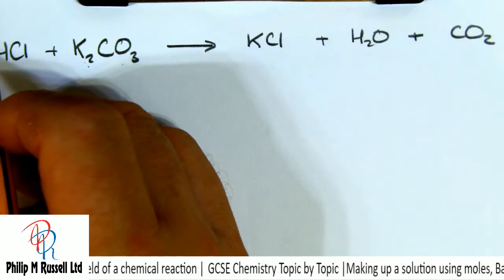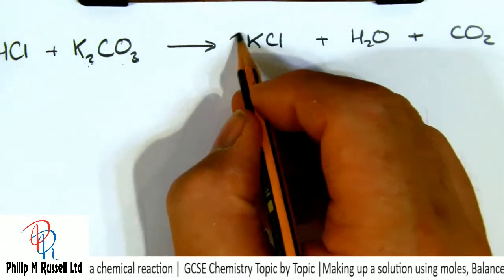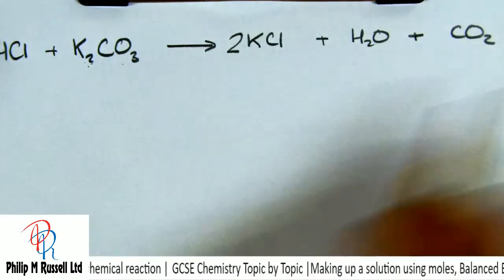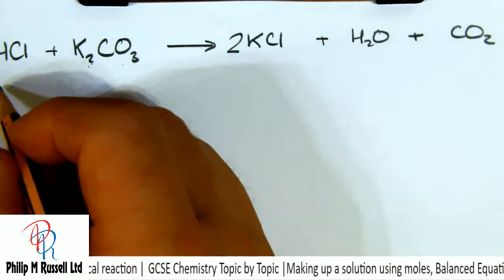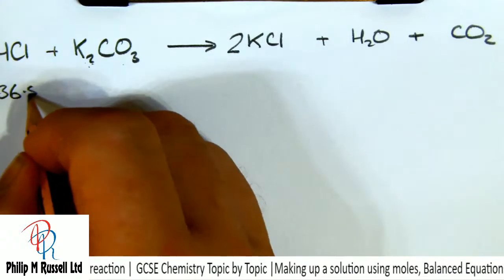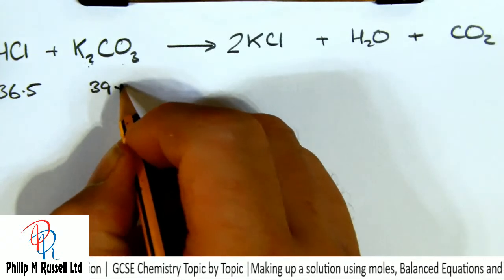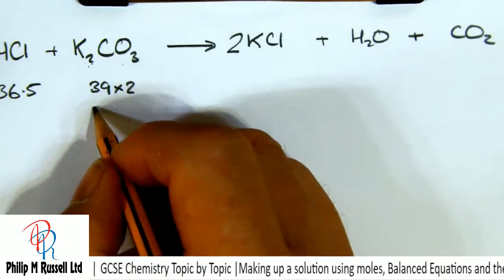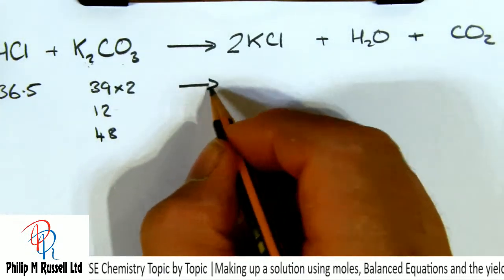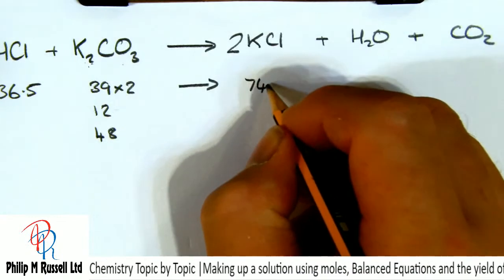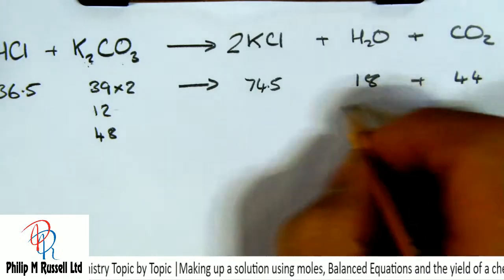Now we can balance this quite easily, because we've got 2 of those and we'll have 2 of those. It all works out remarkably well, and we've worked out our molar masses of this, 36.5. This one we failed on because it's 39 times 2 plus 12 plus 16 times 3 gives me 74.5 plus 18 plus 44.